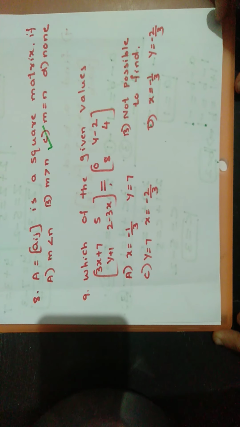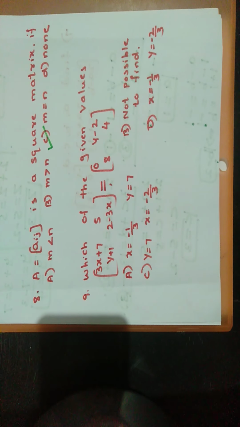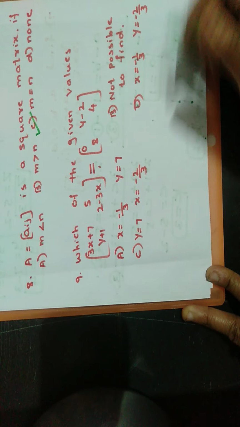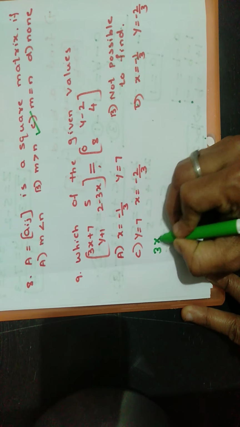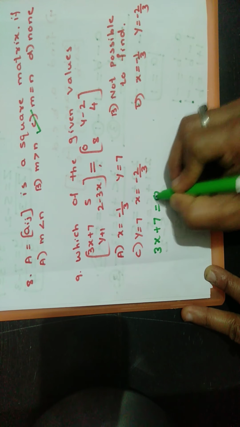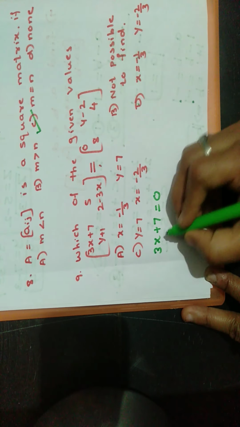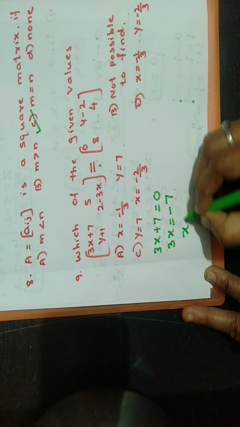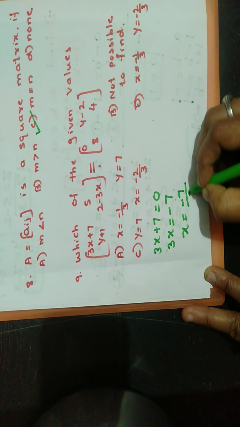Okay. Ninth question. Here we have written which of the given values. Here also we use the equality of two matrices, that is 3x plus 7 is equal to 0. 3x plus 7 is equal to 0 means 3x is equal to minus 7, so x is equal to minus 7 by 3.